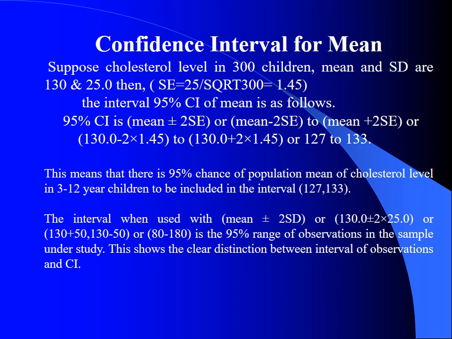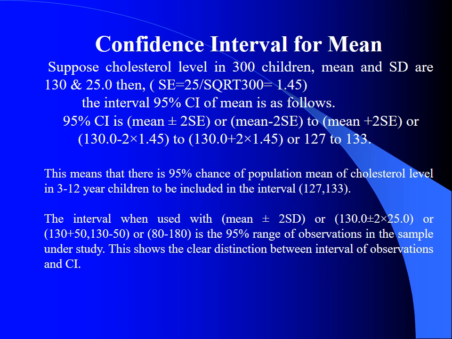By substituting standard error, the mean is 130 and standard error is 1.45, which you had computed earlier in the previous slide. If you substitute, we will get 127 to 133.